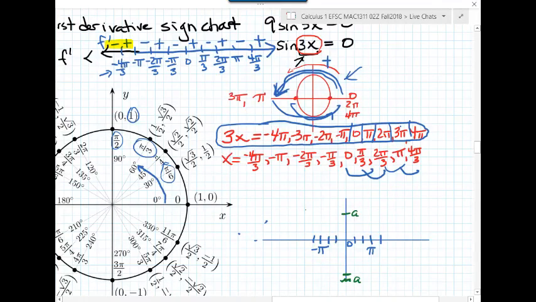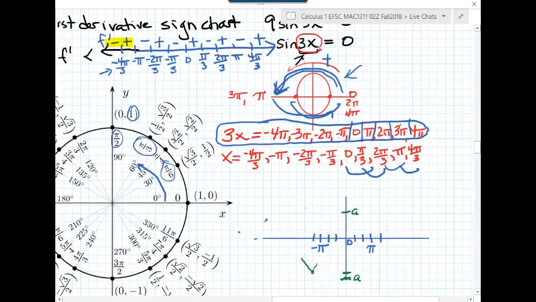At negative 4/3 pi, we're changing from negative to positive on the sign chart, which means if the derivative's changing from negative to positive, the original function changes from decreasing to increasing.